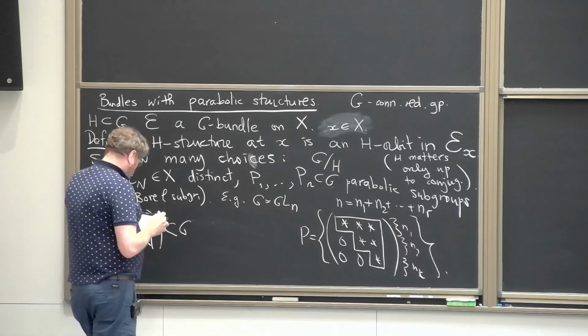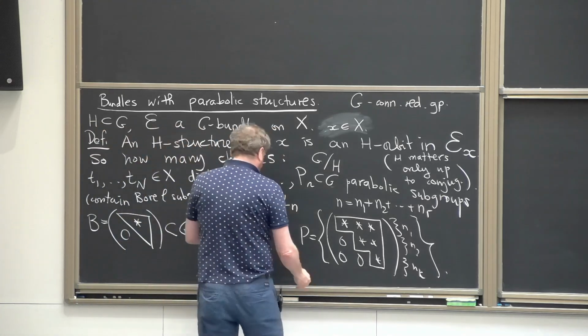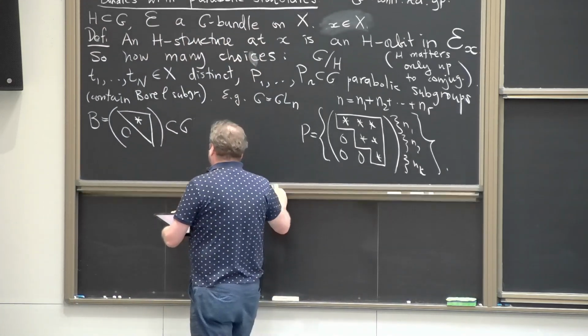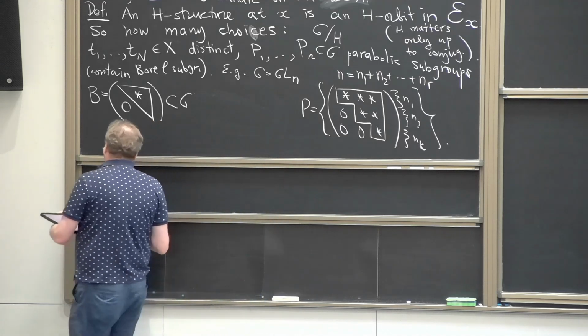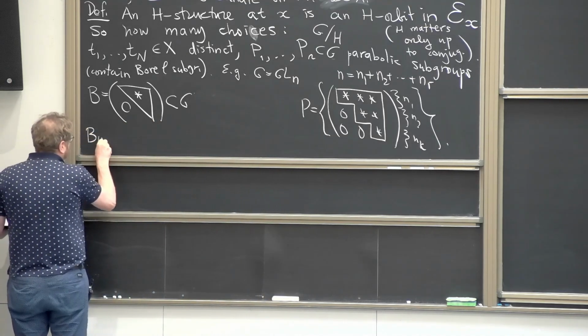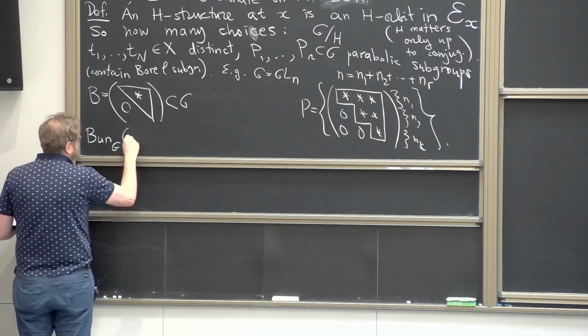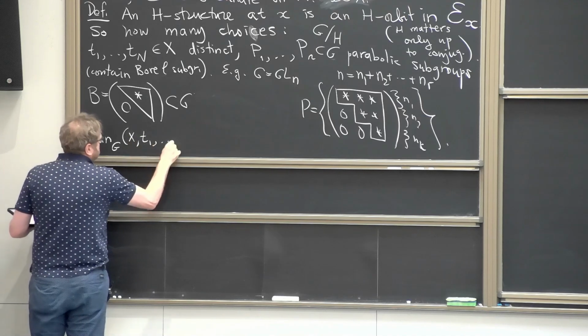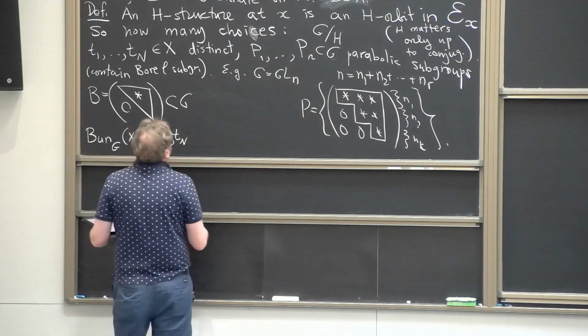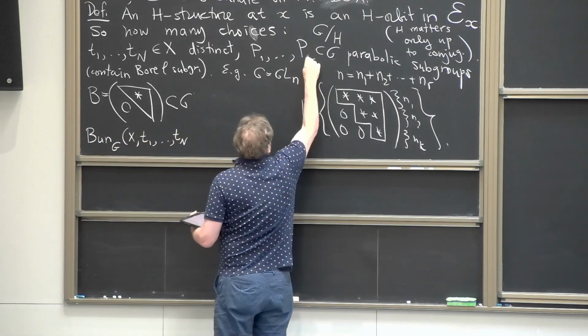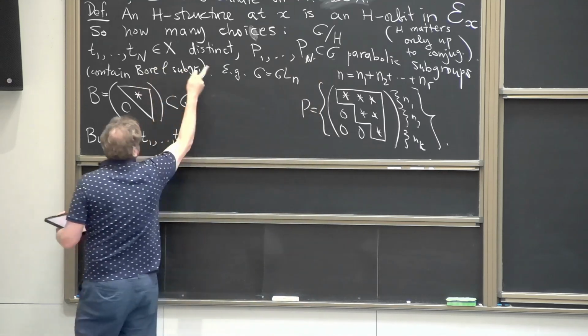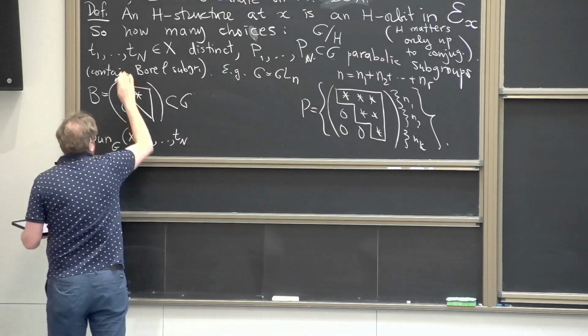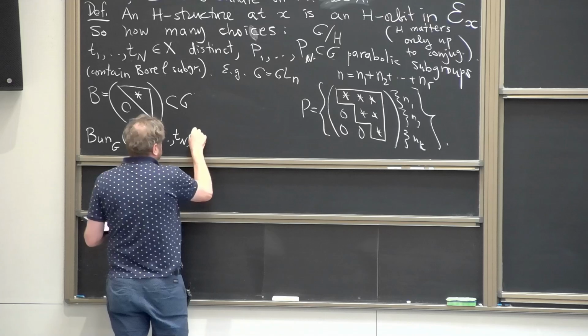Okay, and so now I want to define Bun_G(X, t_1, ..., t_n). So there should be the same number of parabolic subgroups as points: each choice of parabolic subgroup corresponds to the corresponding point, P_1 through P_n.